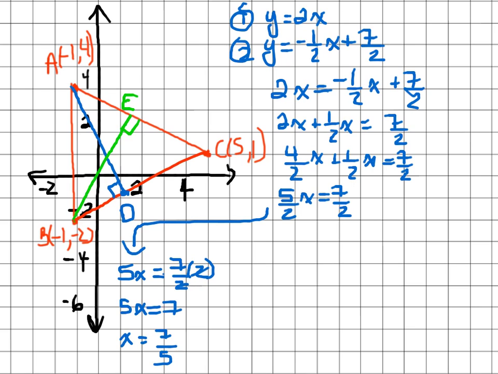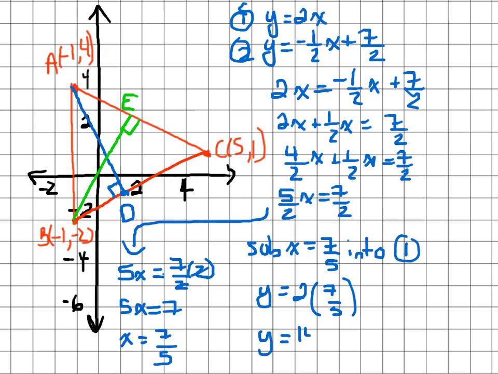I'm going to substitute that into equation 1. So sub x equals 7 over 5 into 1. And that gives me y equals 2 times 7 over 5, and y equals 14 over 5, which is a little less than 3.